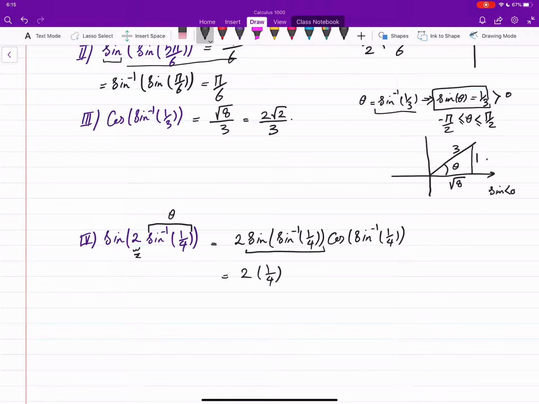Cosine of sine inverse, however, you can again form an angle. Again, this angle is going to be in the first quadrant somewhere here. And it has 1/4. Then we get √15 here. So the cosine of that would be adjacent √15 over hypotenuse. And all together would give us √15/8.